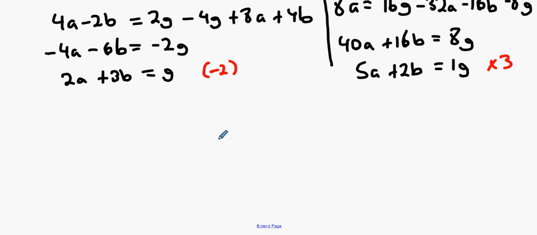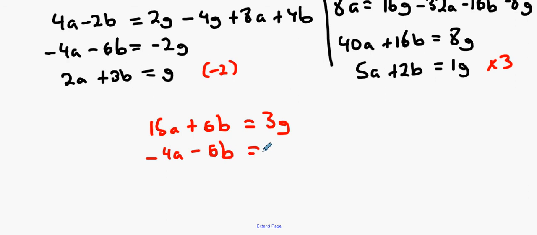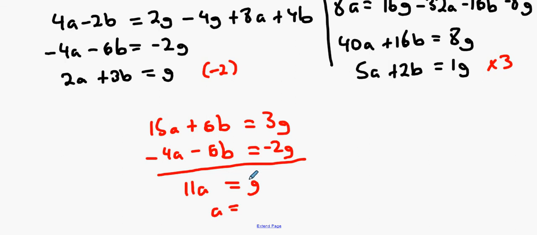I get 15a plus 6b, then I'm going to get minus 4a minus 6b equals minus 2g. Then I'm just going to get 11a equals g. And a equals 1g over 11, or just g over 11.